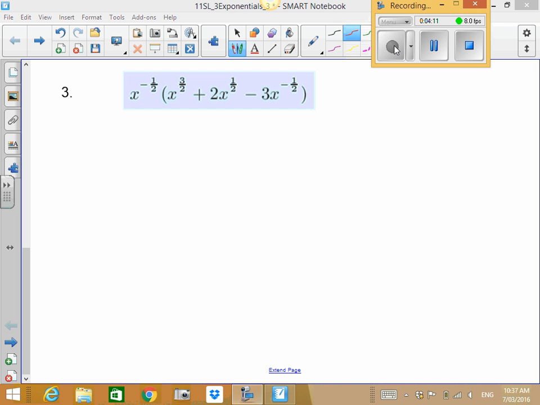In example 3, we're going to do the same thing. This time we have 3 terms inside the brackets. And we're going to need to use our index law for multiplication once again. We'll multiply the term outside the brackets by each term inside the brackets.